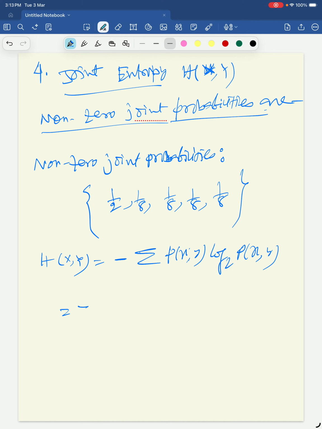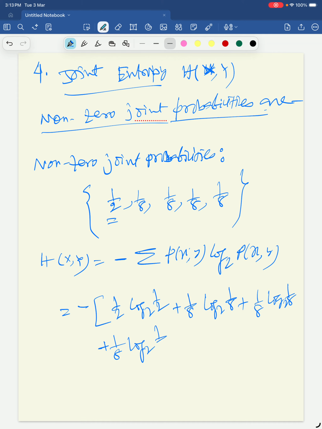So minus half log to the base half plus 1 by 8 log to the base 1 by 8 plus 1 by 8 log to the base 1 by 8 plus 1 by 8 log to the base 1 by 8. So how many 1 by 8? 1, 2, 3, one more, 4.